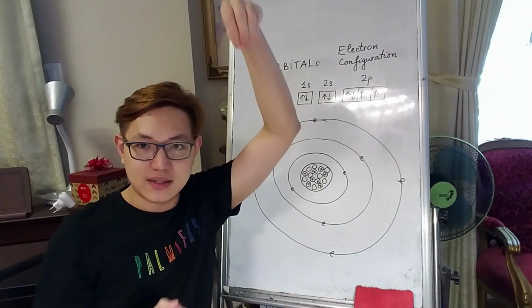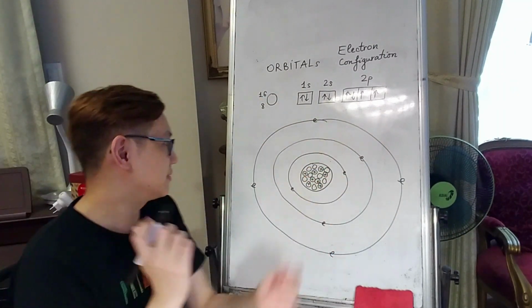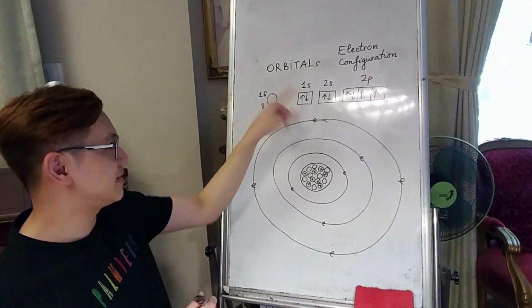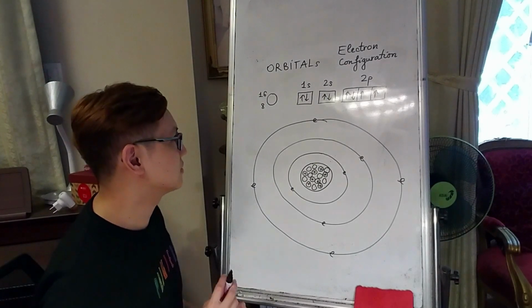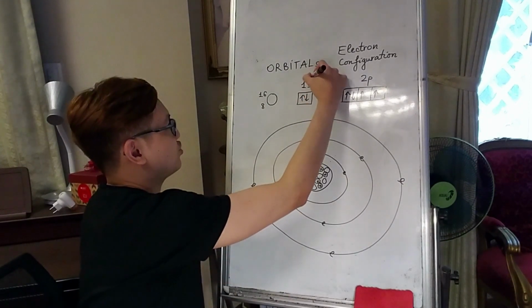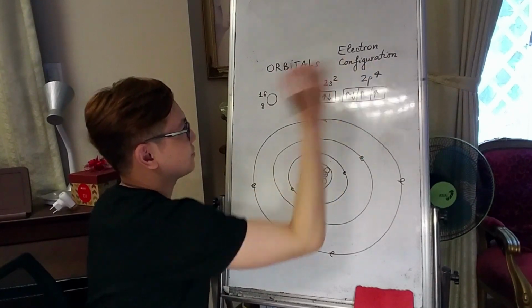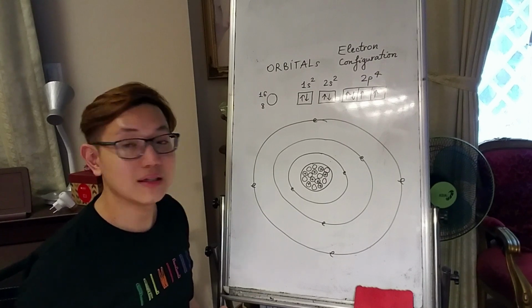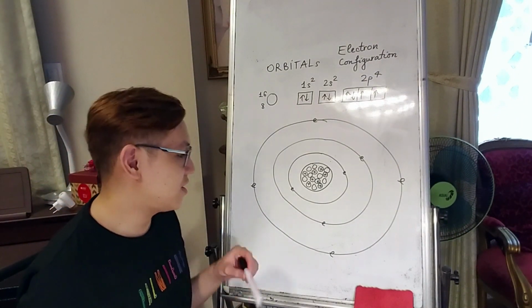They basically go in different directions because they repel each other. That's why they are going in different directions, up and down here. So 1s2, 2s2, and 2p4. If you have questions, just put them in the comments below, okay?